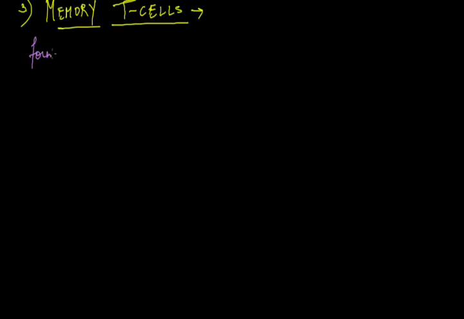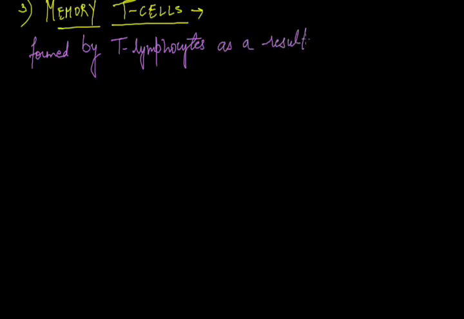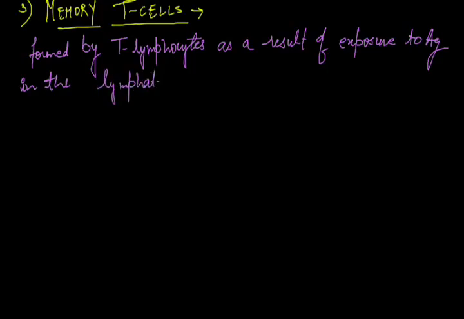These are formed by T lymphocytes as a result of exposure to antigen in the lymphatic tissue like spleen and lymph node.